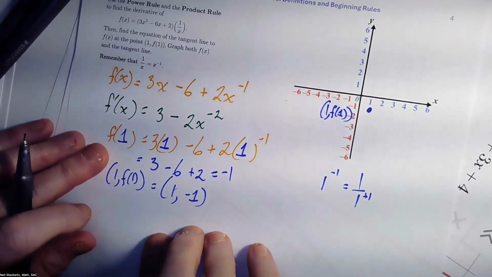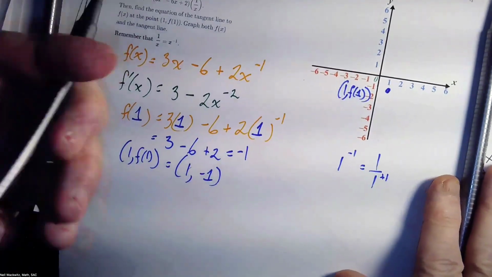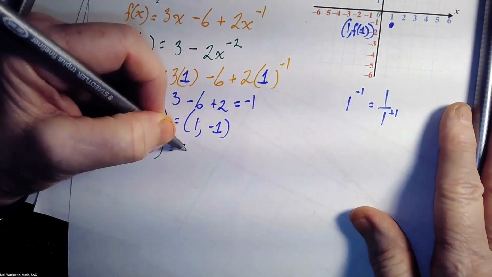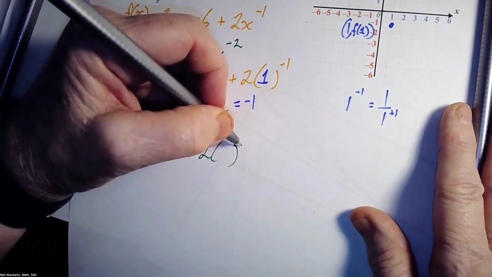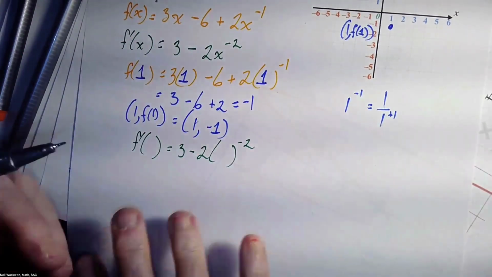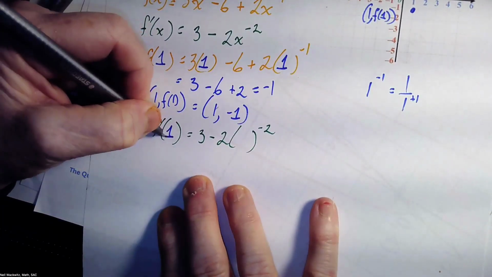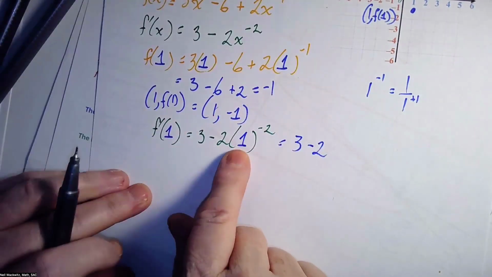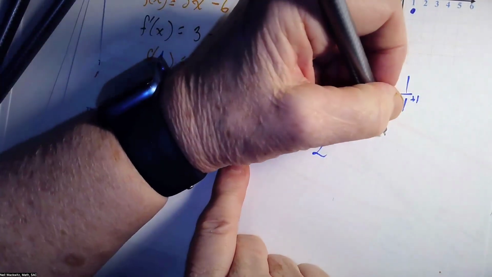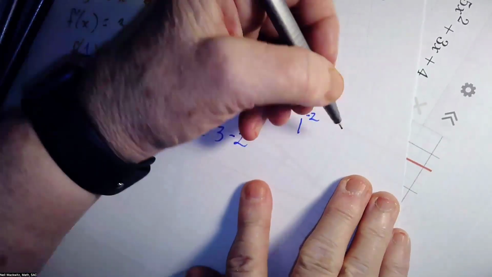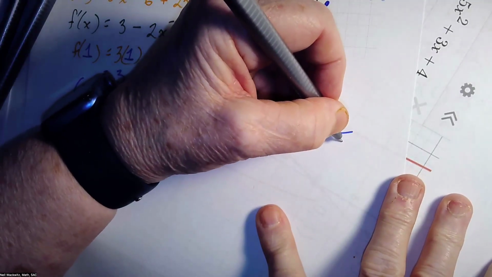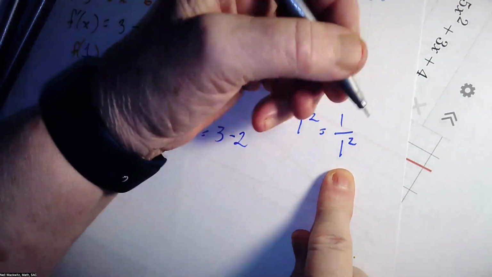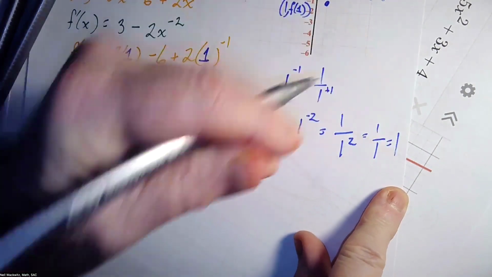And we also need the slope at 1. Three minus 2 times x to the negative 2. And again, we're plugging in 1. So we have 3 minus 2 times, let's see, 1 to the negative 2 is 1 over 1 squared, because the negative says move this whole thing to the denominator. 1 squared is 1, and 1 divided by 1 is just 1.